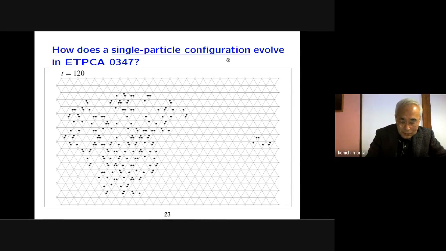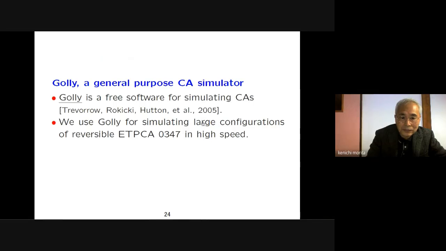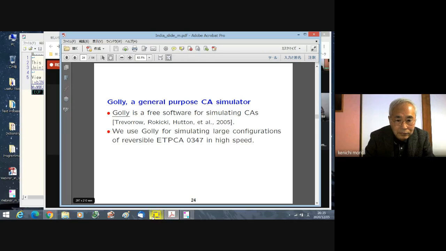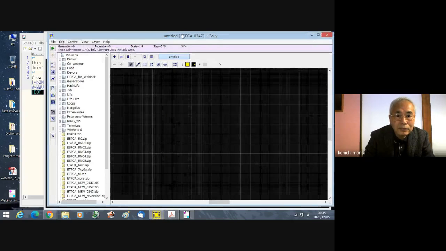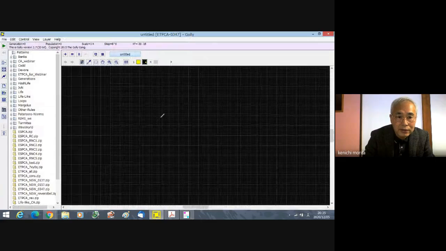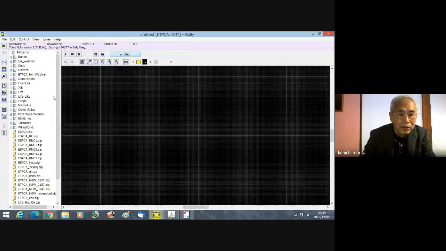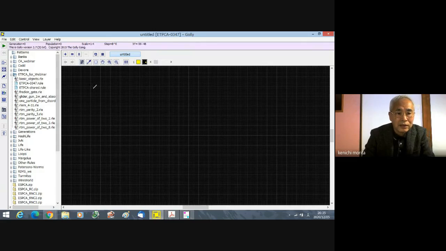Therefore, for such configurations, I use Golly. Now, I'll show Golly, and on this simulator, I created a rule file for ETPCA 0347.